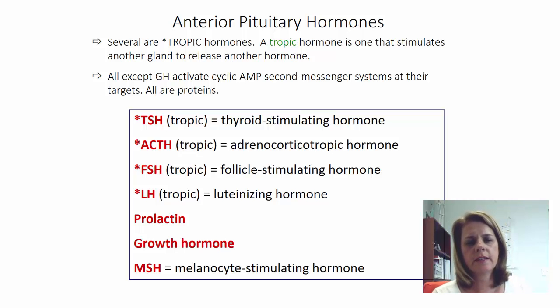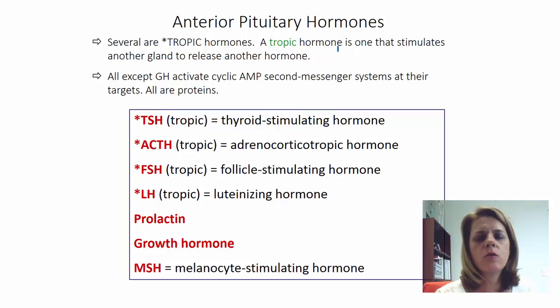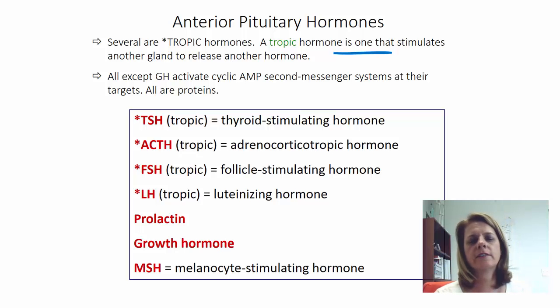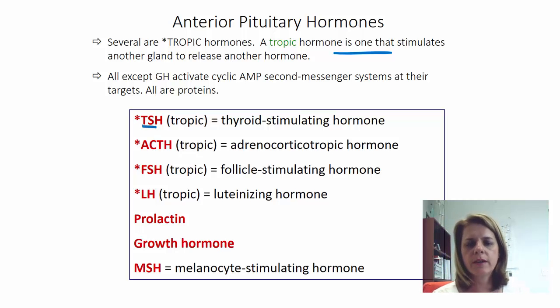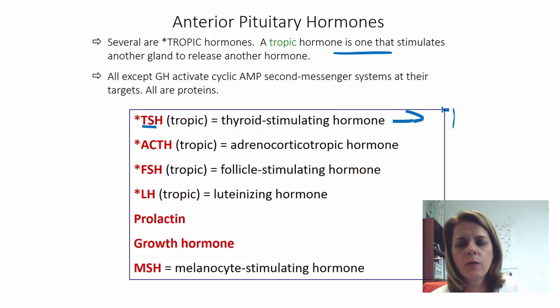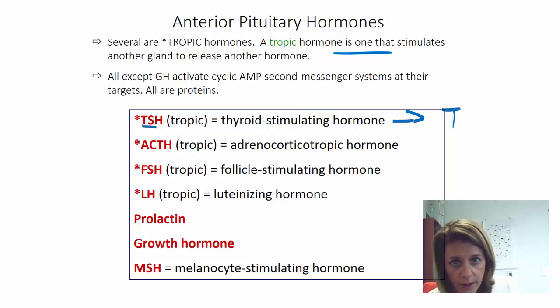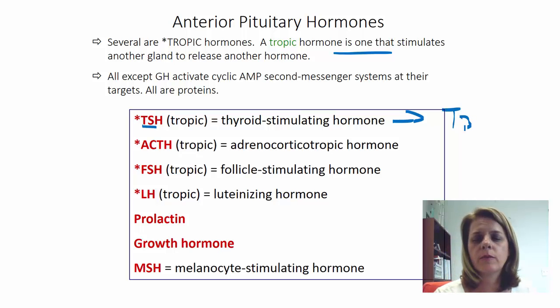So this is a list of your anterior pituitary hormones, and the ones that have a star are considered tropic hormones. A tropic hormone is a hormone that stimulates another gland to release another hormone. So for example, TSH is tropic because it's a thyroid stimulating hormone. It stimulates the thyroid to release thyroid hormone, or T3, T4.